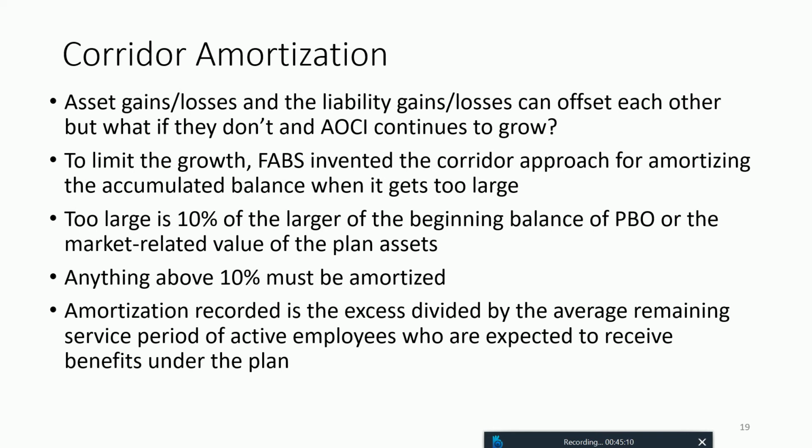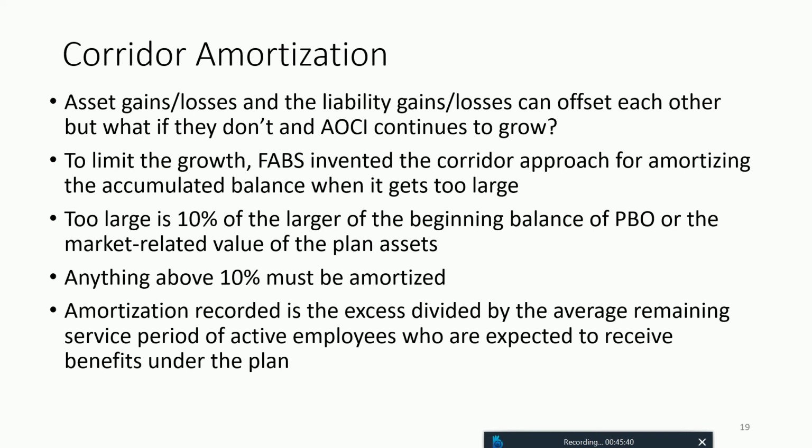If you have an asset gain and a liability loss, you can offset those two within the OCI section. But what happens if they are going in the same direction and the accumulated other comprehensive income continues to grow? In order to limit the growth, the FASB invented the corridor approach for amortizing the accumulated balance when it gets to be too large.